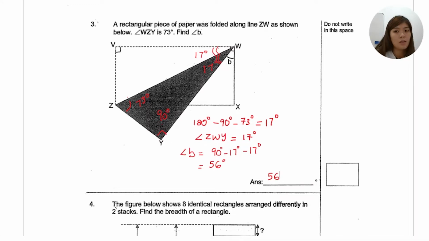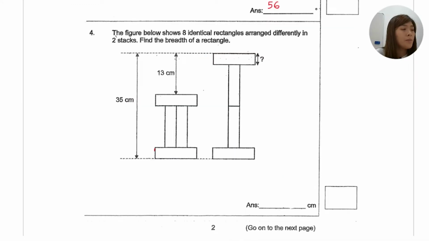For question 4, the figure below shows 8 identical rectangles arranged differently in 2 stacks. Find the breadth of a rectangle. To do this, first you look at this. This whole thing is 35. These are identical, so you have one breadth and one length.